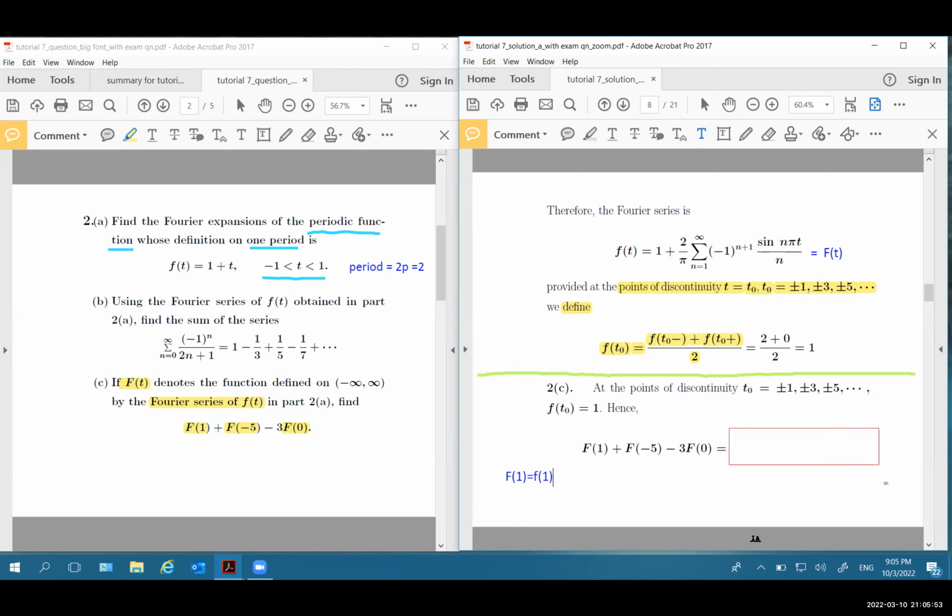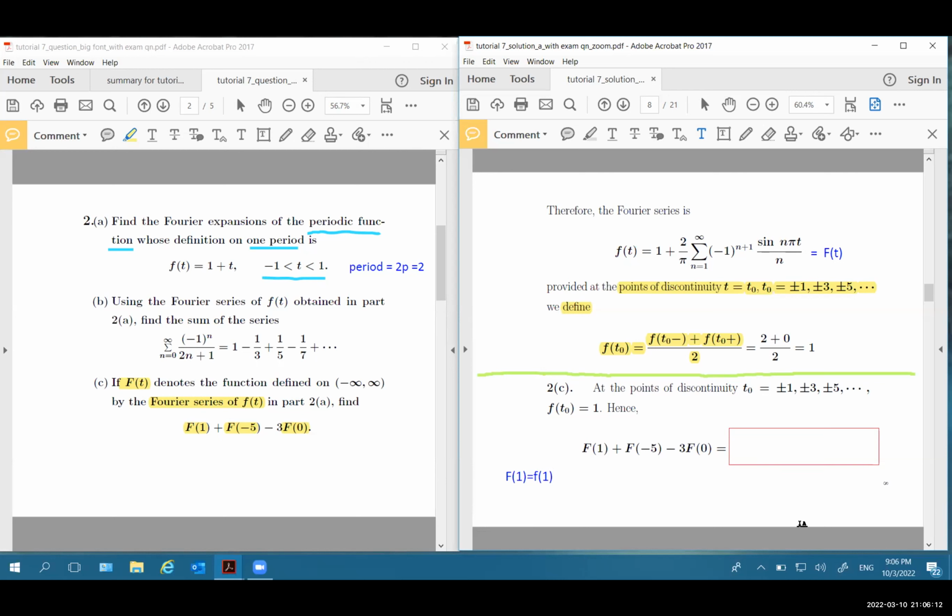So big F(1) and small f(1) are the same. And we also realize that the point 1, when t is 1, is a point of discontinuity. The points of discontinuity are plus-minus 1. So 1 is a point of discontinuity.